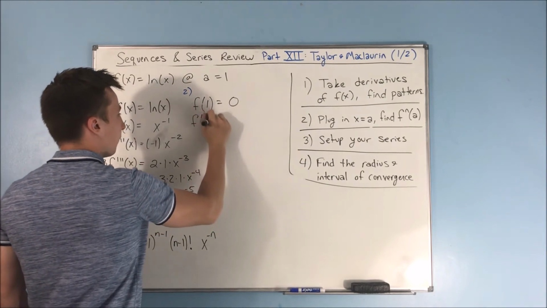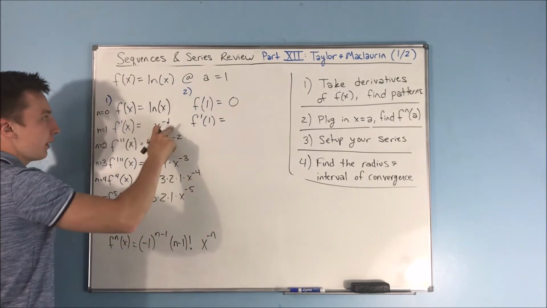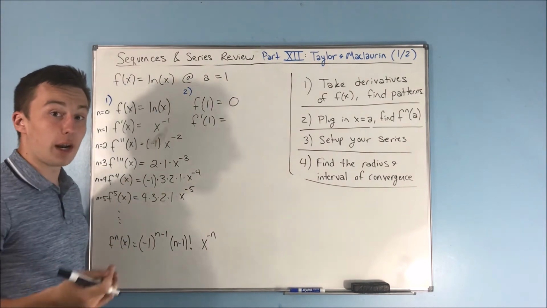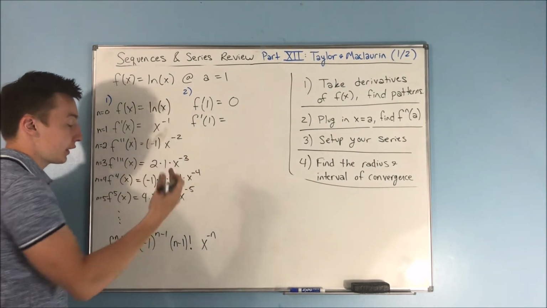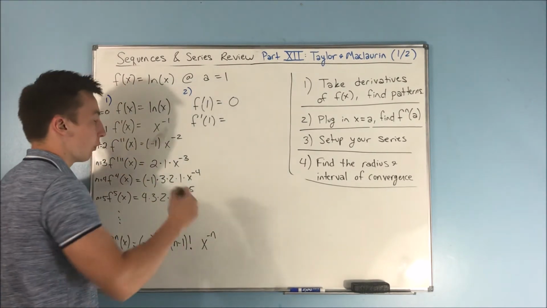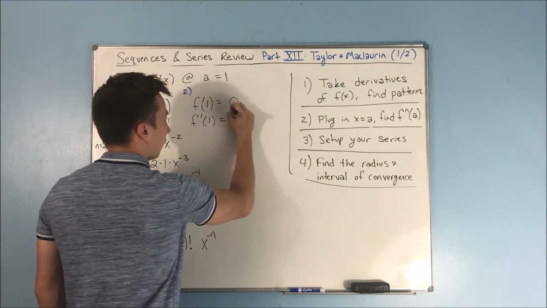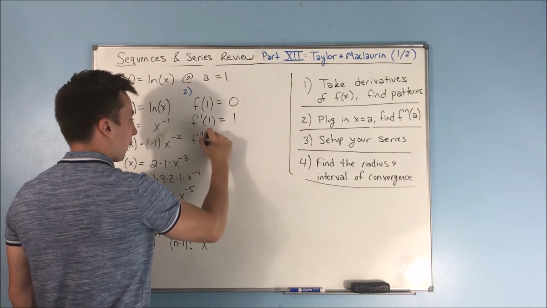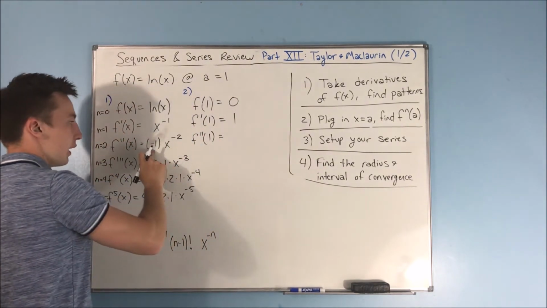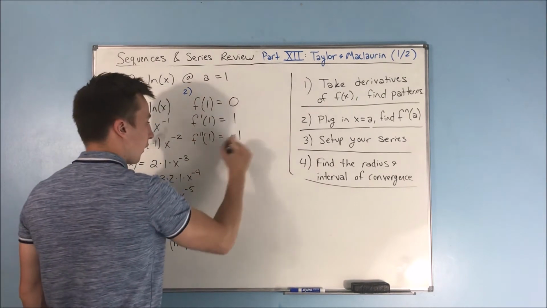F prime of 1: in x to the negative 1, remember we're plugging in 1 for x, so x to the negative any of these is still going to be 1, because 1 to any power is just going to be 1. Now f double prime of 1, you're going to get a negative 1 times 1.